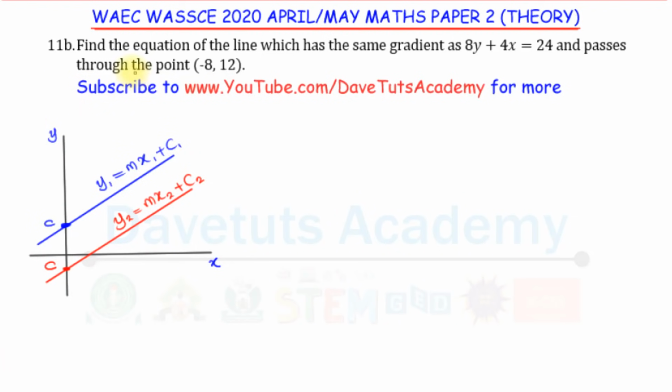The thing common to the two of them is that for them to share the same gradient, the slope of the first one is equal to the slope of the second one. So m1 is equal to m2.